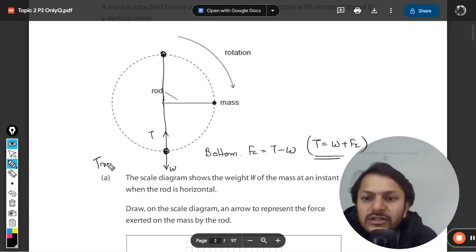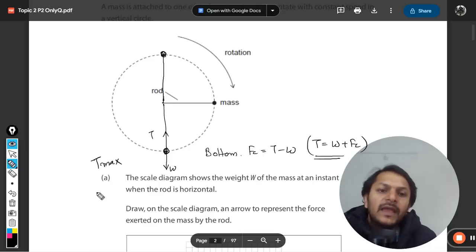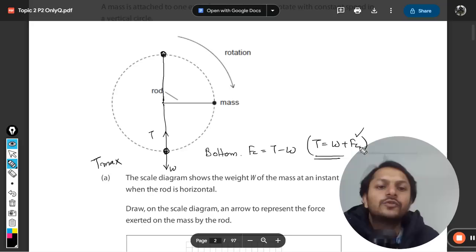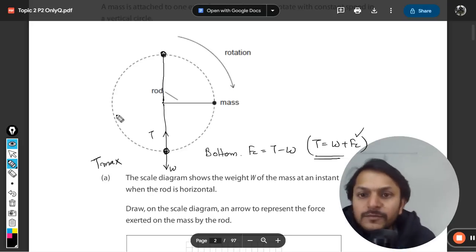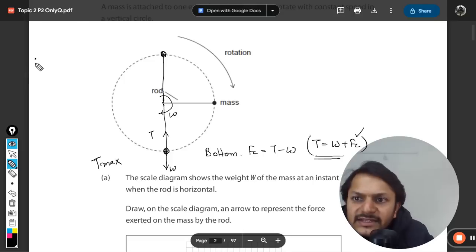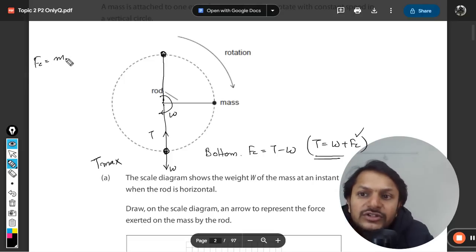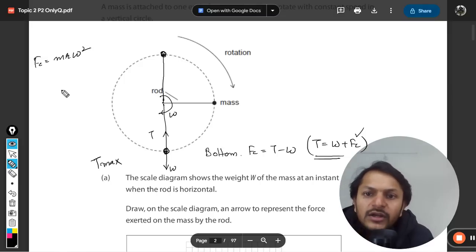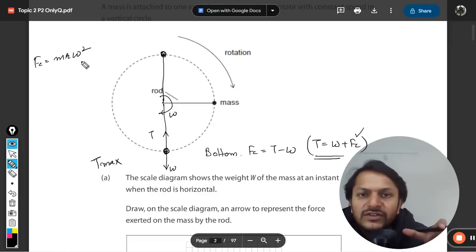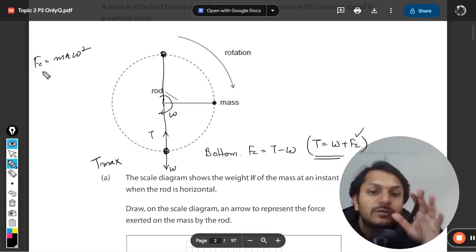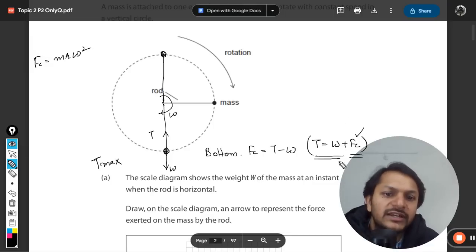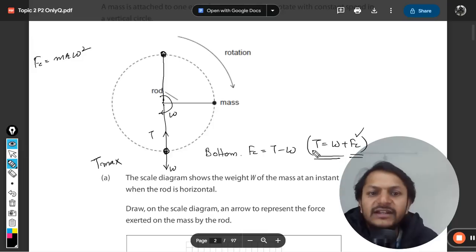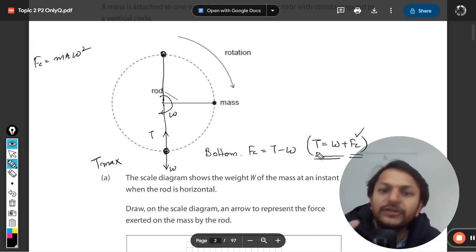One more thing that you have to note: this rod is moving with a constant angular velocity, and the centripetal force will be having a constant magnitude, like m r omega square. So m is the mass, r is the radius, omega is the angular velocity with which it is moving, and that is constant. So we can clearly say that the centripetal force will be constant. So this force is constant and weight is added on it. So definitely tension is having a very big value here.